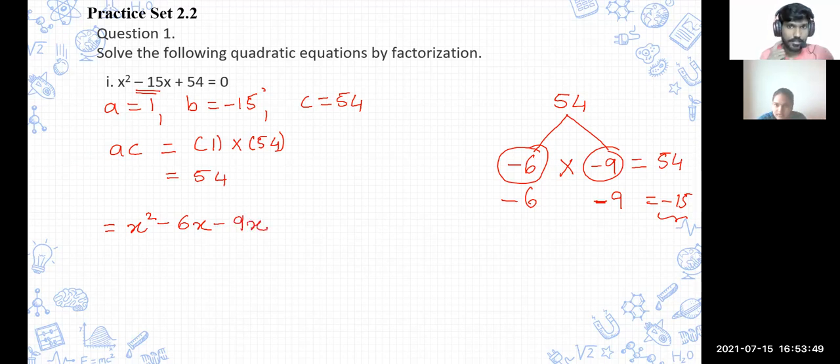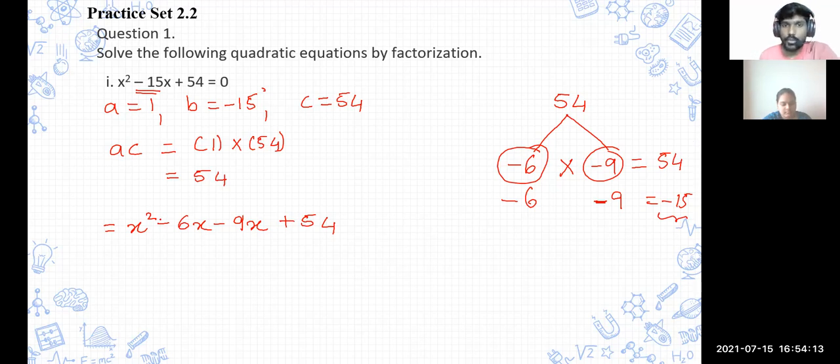Can you see I have written on the screen x square minus 6x minus 9x plus 54?